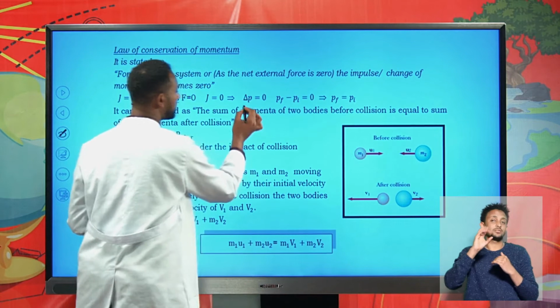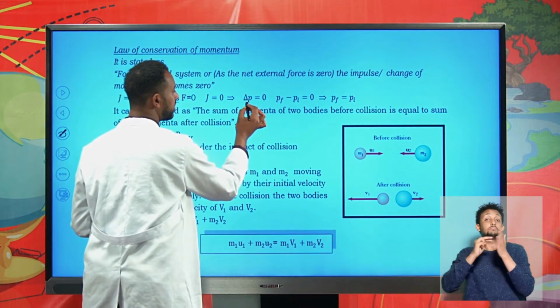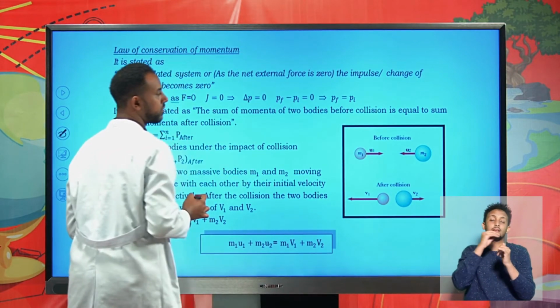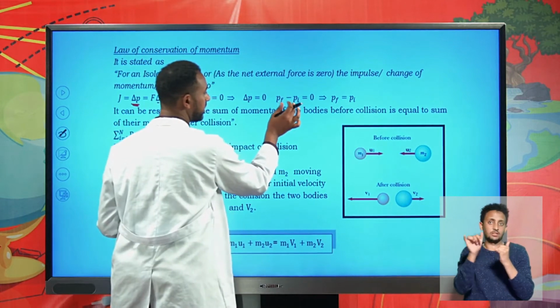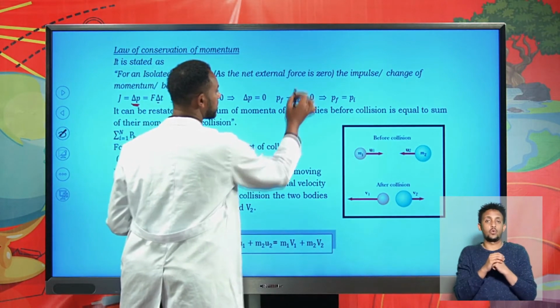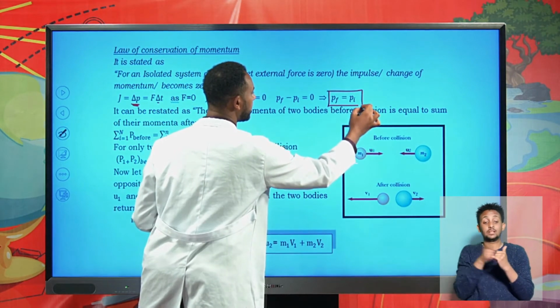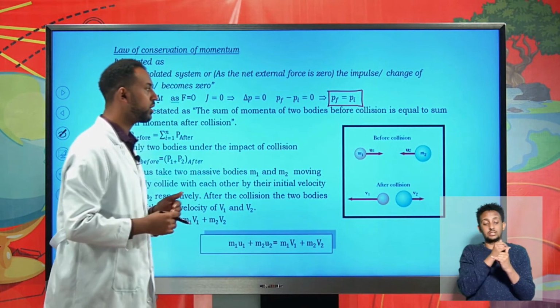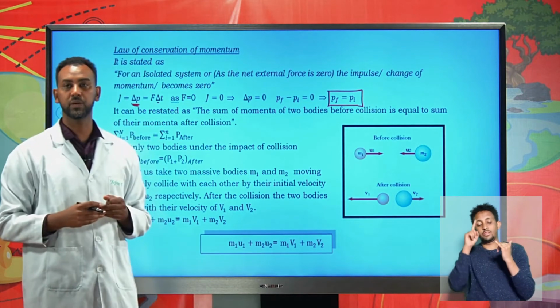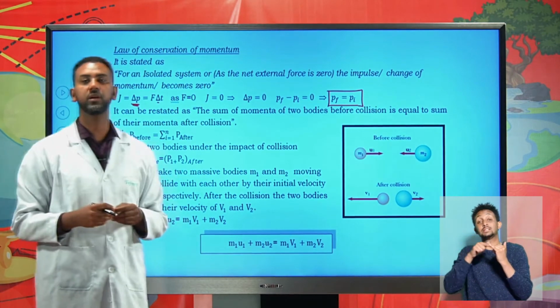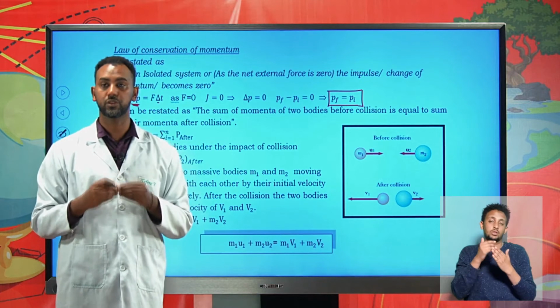If impulse is 0, meaning the final momentum minus the initial momentum is 0. The difference between the final and initial is 0. So if we rearrange this, it tells you that the initial momentum is equal to the final momentum. This is known as the law of conservation of momentum.